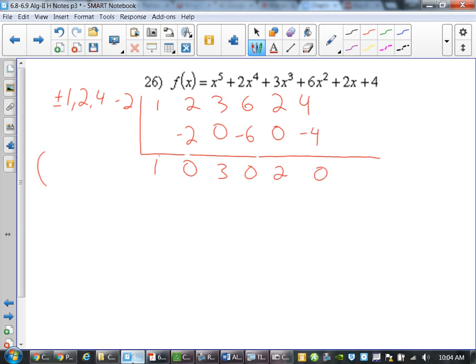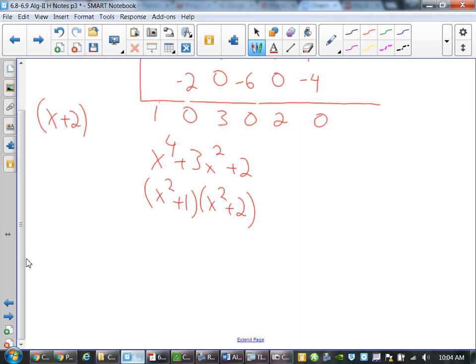So now I have a term at x plus 2, and now I'm down to x to the 4th plus 3x squared plus 2. What times what is 2 that you add together to get 3? And now you'll be able to get your imaginary roots out of that. So you have zeros at -2, plus or minus i, and plus or minus i root 2.